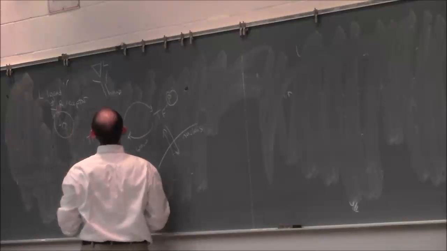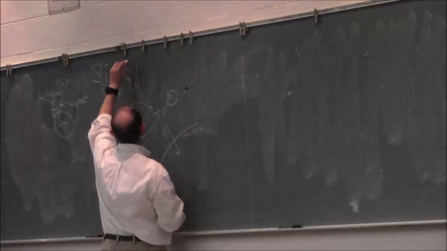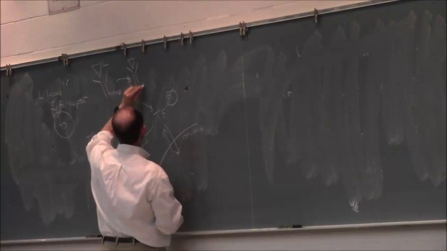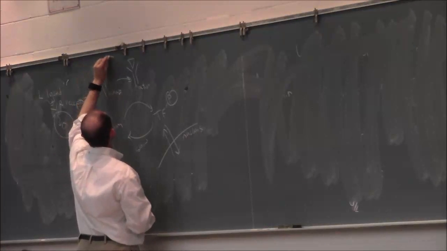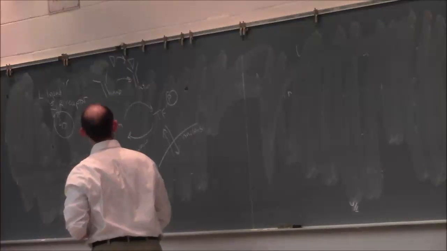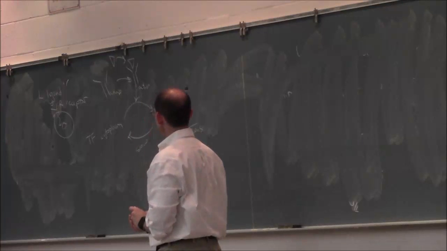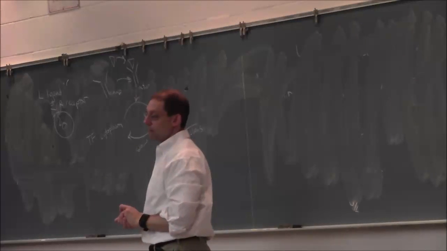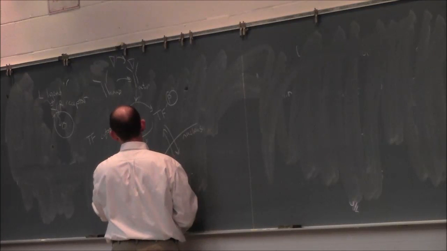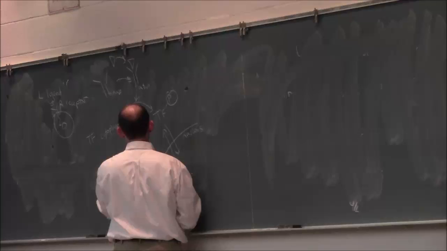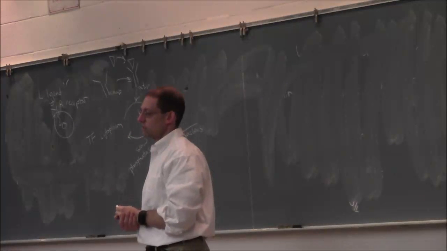So here's the ligand bound to the kinase, and that makes it active. I should show not bound here. When the ligand binds, it's active, and then it catalyzes the phosphorylation. Then there's a separate protein called a phosphatase that catalyzes the reverse reaction.